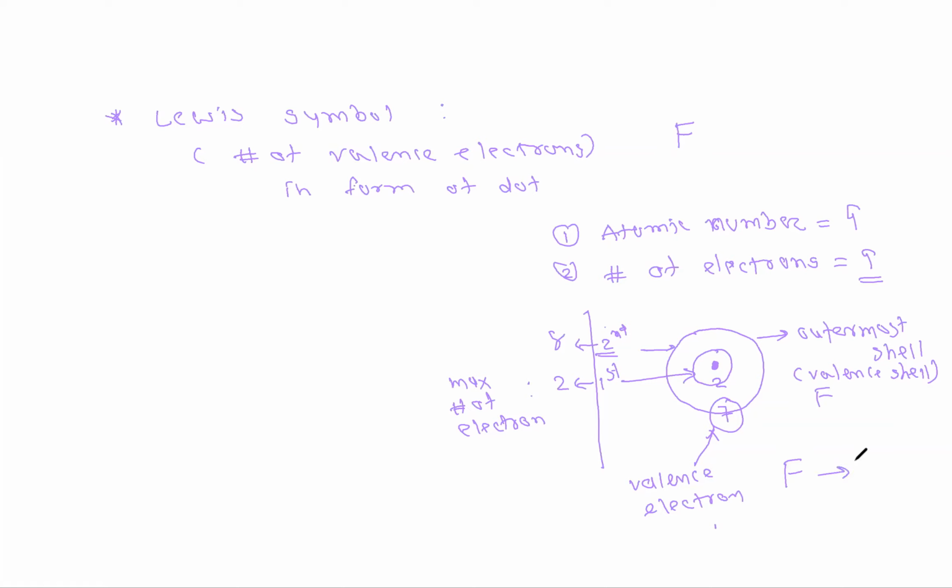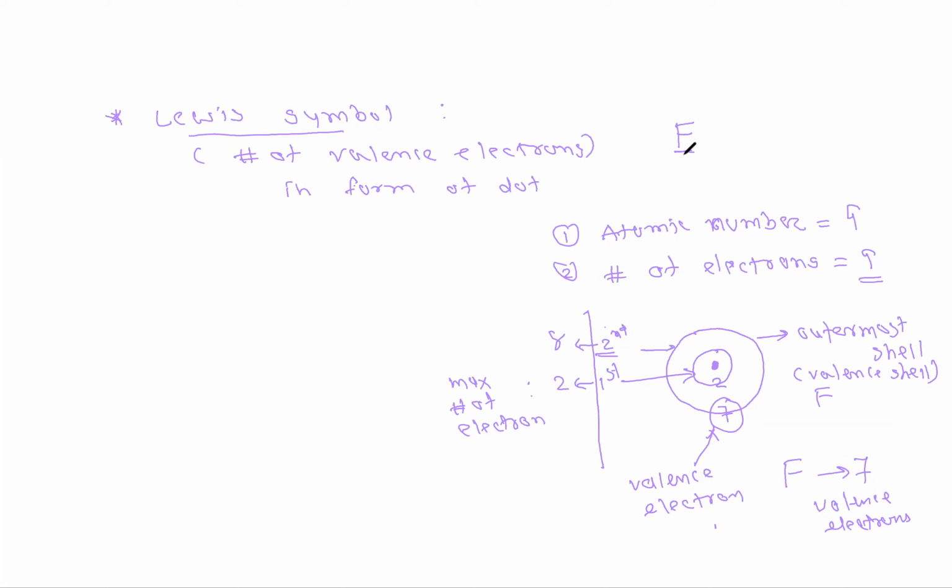All right, so fluorine has 7 valence electrons. So what is the Lewis symbol? The Lewis symbol is something where we draw the symbol of an element and represent how many valence electrons that particular element has in the form of dots.